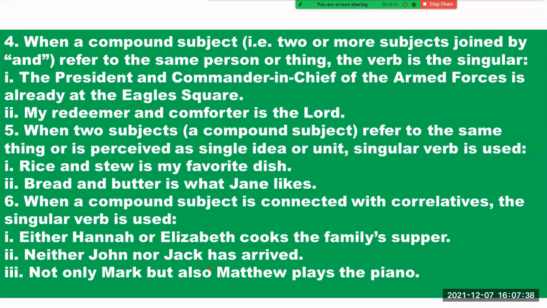For instance, if you say either Anna or her sisters cook the family supper. So if you have a plural here and not a singular subject like Elizabeth, then the verb will also change because of the law of proximity.